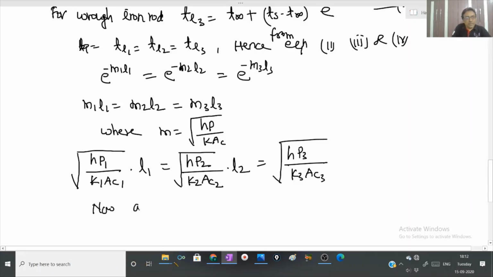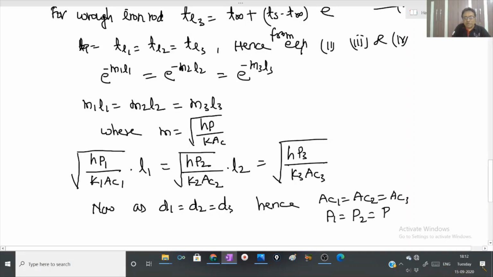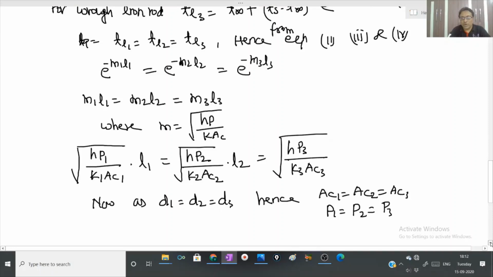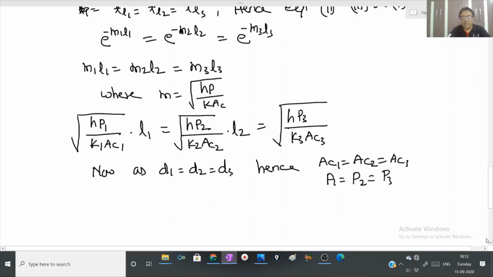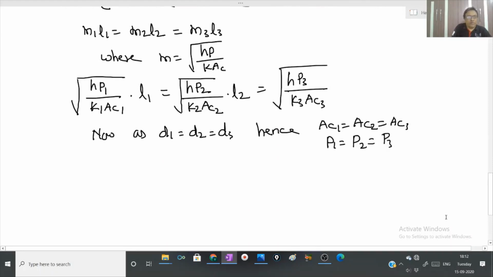Now as D1 is equal to D2 is equal to D3, hence cross-sectional area of all these three rods will be same. Similarly, the perimeter will also be same. All the rods are of length capital L. So from here, what I will get?